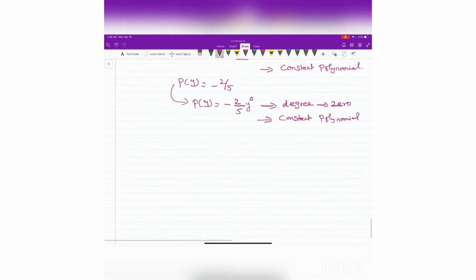Let me write it in statement form. A polynomial of degree 0 is called a constant polynomial.